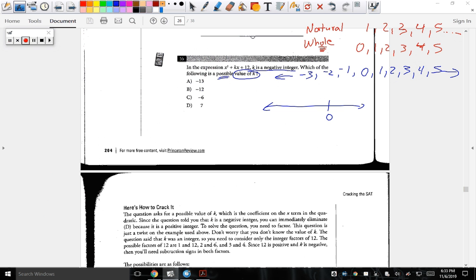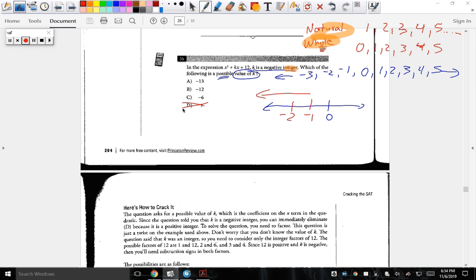Okay? So when I'm looking at this, I have to know the difference between a natural number, a whole number, and then now integer. I'm looking at k being negative. So I'm talking about like -1, -2, and so on and so forth. You with me? So we already know that that's not an answer.